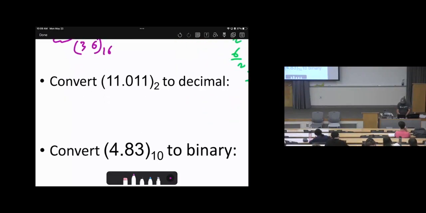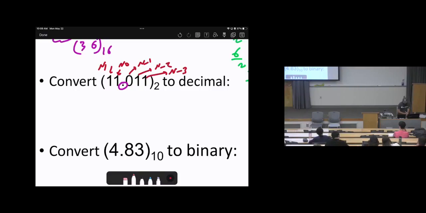So here we have a radix point. We already discussed last lecture how to deal with this when there's a radix point. Basically, make sure when you make the conversion, you can count. This is n0, this is n1, this is n negative 1, n negative 2, n negative 3.